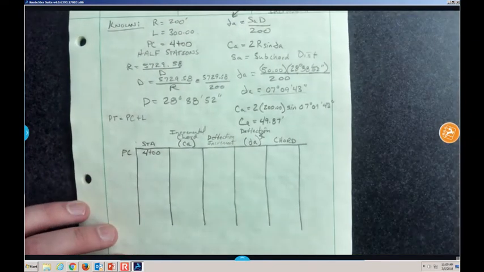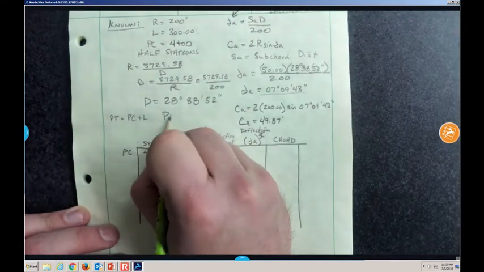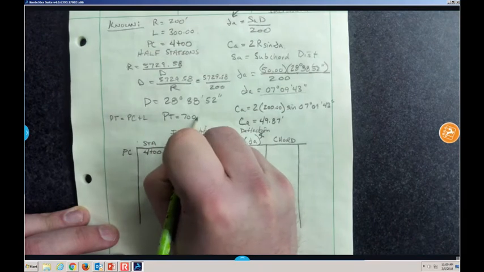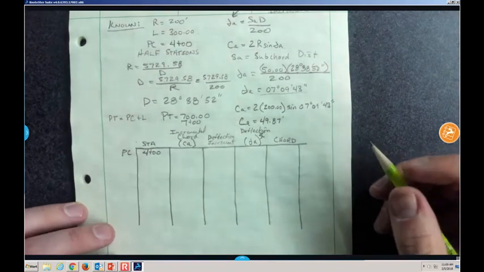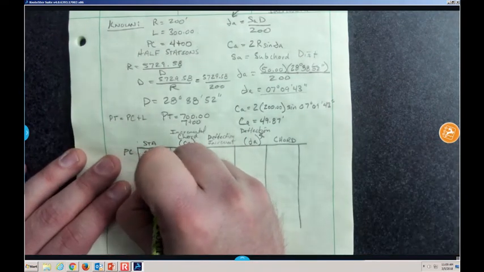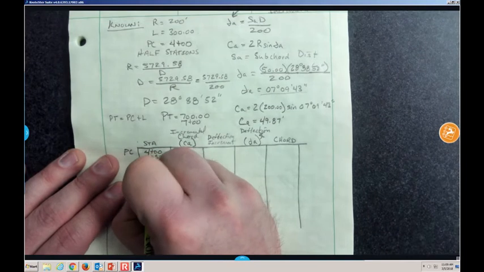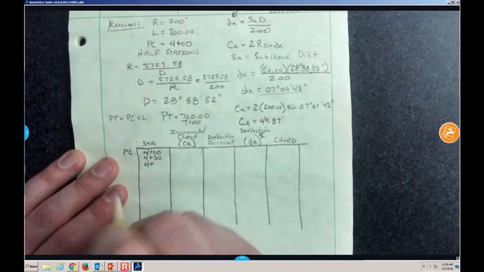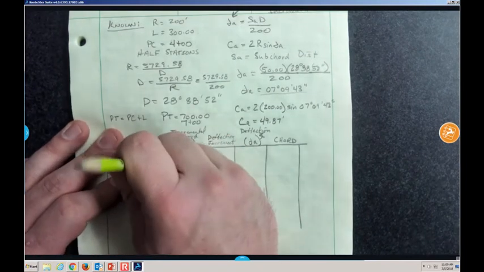So my PT is 700. Or 7 plus 00. Okay? So I'm going to go in half station increments here. 4 plus 50. 4 plus... Oh, sorry. 5 plus 00.